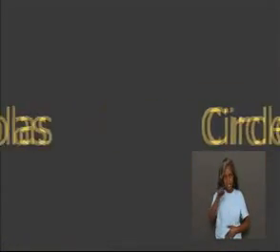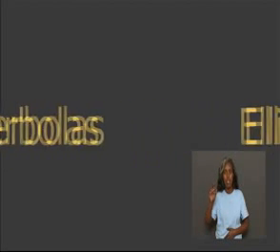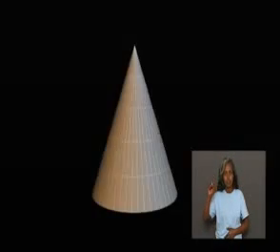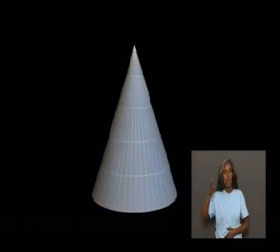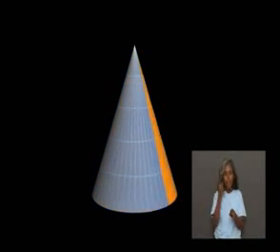In this section, we will be learning about the plane curves called circles, parabolas, ellipses, and hyperbolas. We will begin by discussing right circular conical surfaces, also referred to as right cones.